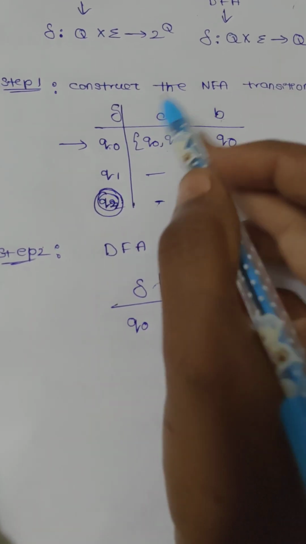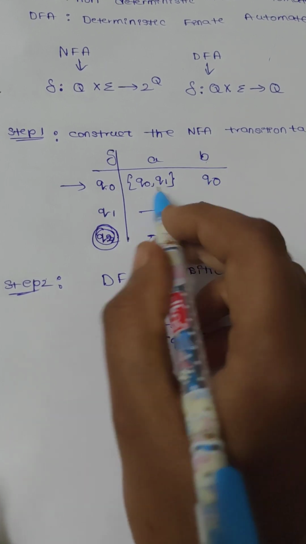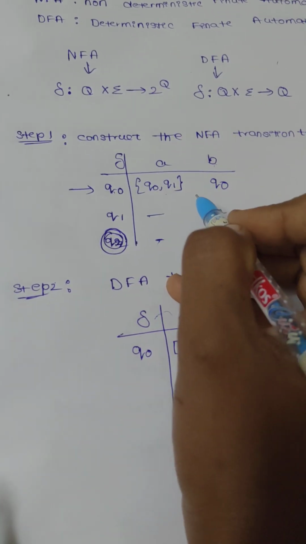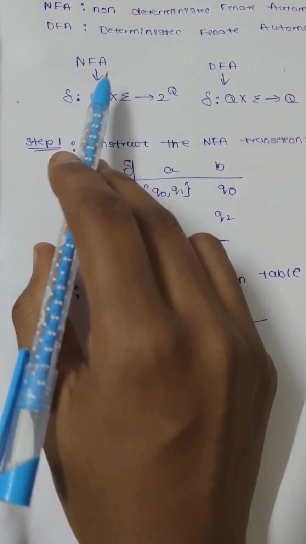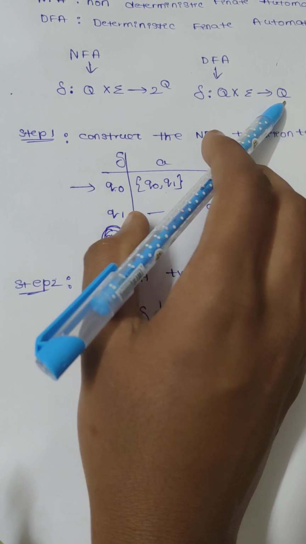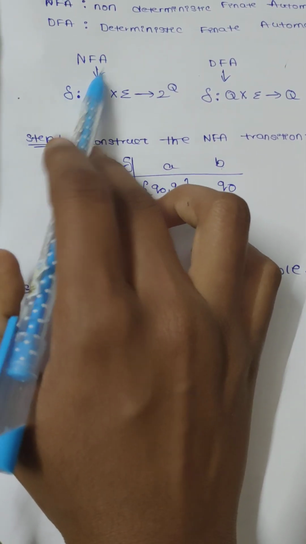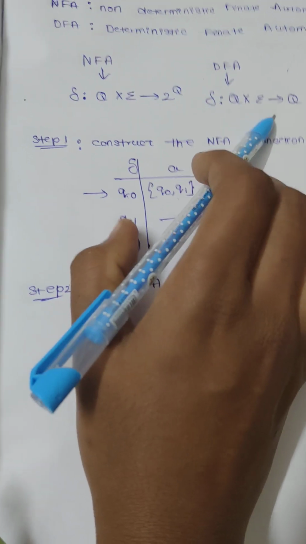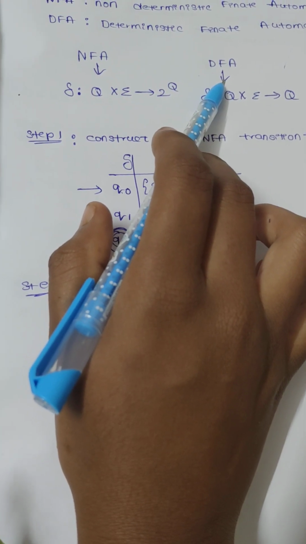One important thing is that the NFA transition table has 2 to the power Q states, while the DFA has Q. Here multiple paths are contained in a non-deterministic finite automaton, and a single path is contained in a deterministic finite automaton.